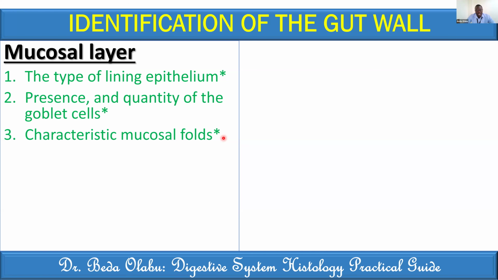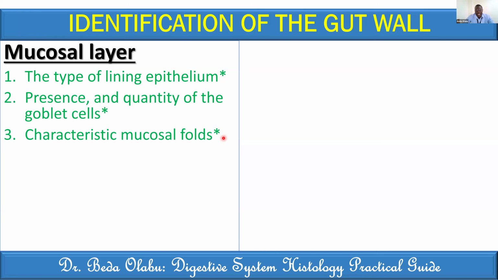The other folds, you may use them, not with a lot of emphasis, like longitudinal folds of the esophagus and the rectum, you can use it, but I'll not put a lot of emphasis on that. The rugae are a bit difficult to grasp histologically because they are macroscopic folds, they are gross anatomical folds.